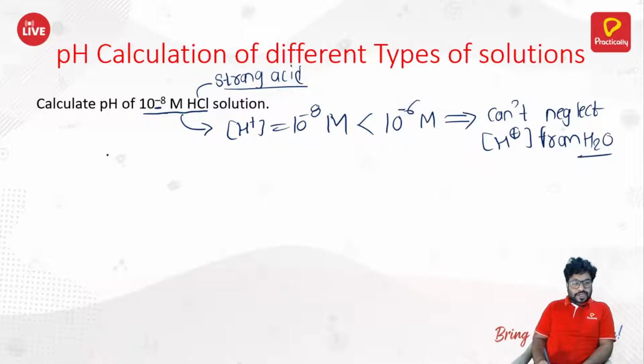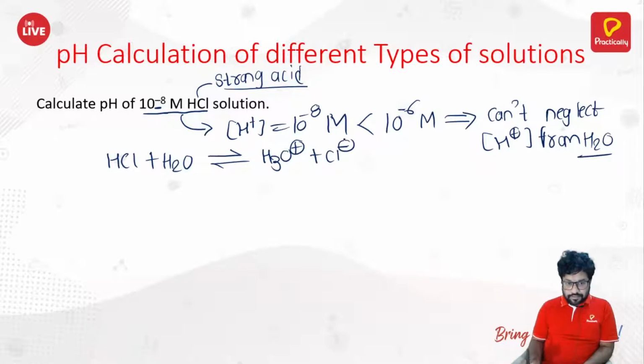How do we write the dissociation? HCl plus H2O gives you H3O plus and Cl minus. Now the initial concentration of HCl is given as 10 raised to minus 8.